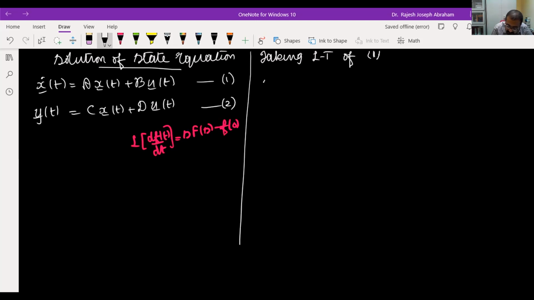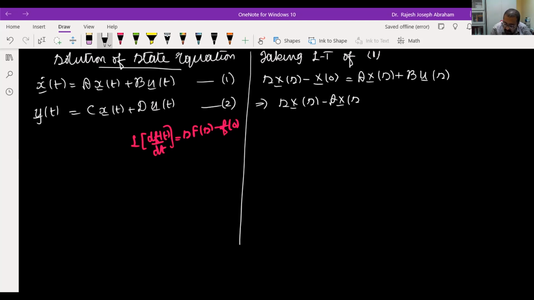You should get s x of s minus x of 0, the initial condition, equal to A into x of s plus B into u of s. Now I will take the x of s term to the left side and the x naught term to the right side. So sx of s minus Ax of s equals x of 0 plus B u of s. x of s is common, so I can write (sI minus A) into x of s equal to x naught plus B u of s.